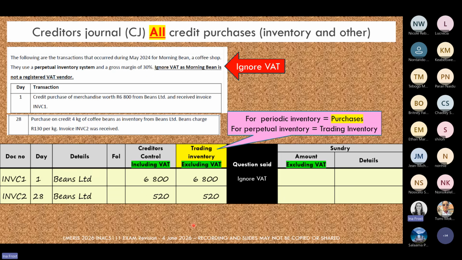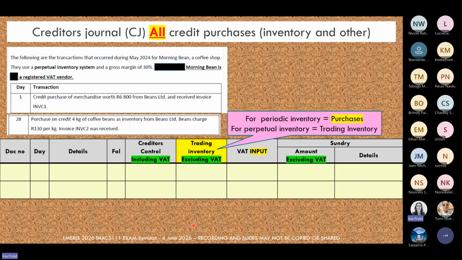But let's rather look at what this question is going to look like if we assume that Morning Bean is actually registered for VAT. So let's look at what we will do now if they were registered for VAT. Now you can see the transaction here looks a little bit different. Now the trading inventory amount is going to be the amount excluding VAT, and we will now have input VAT.